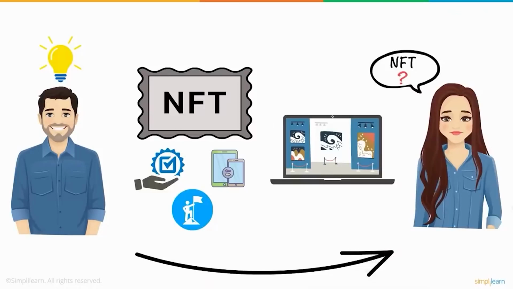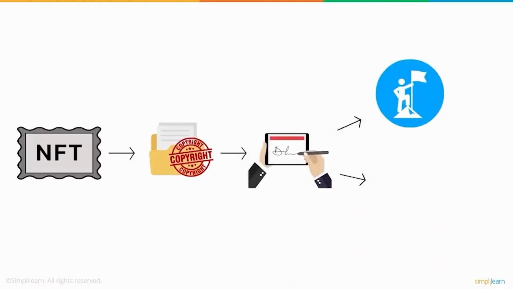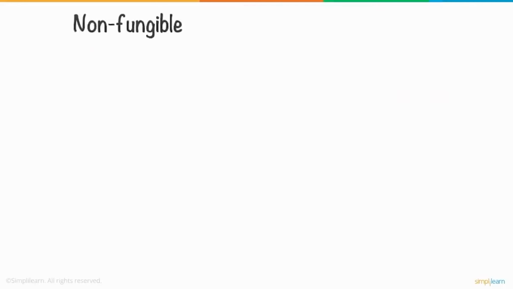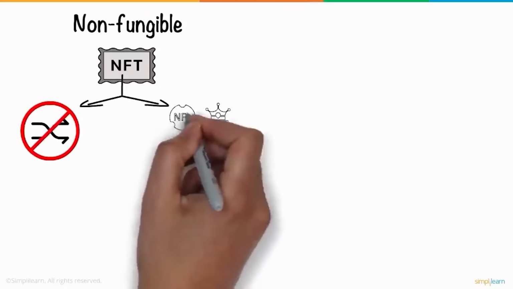NFTs turn your digital assets into one of a kind by creating a unique digital signature, which defines the ownership of your assets, and that can be bought and sold for real money, cryptocurrency, or any other asset, like a non-fungible token, aka NFT. Non-fungible tokens means that they are not interchangeable, and each of them represents unique assets owned by a specific person.